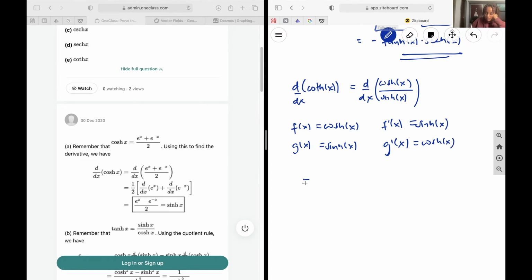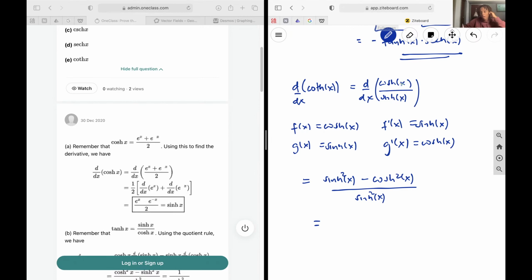Put that all together, and we will get hyperbolic sine times hyperbolic sine, so squared, minus hyperbolic cos times hyperbolic cos, so squared. And this is all going to be over sinh x squared.